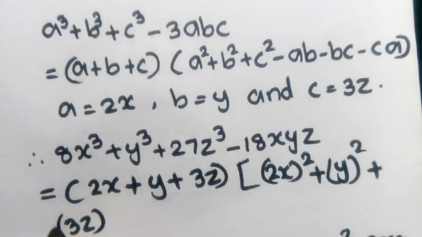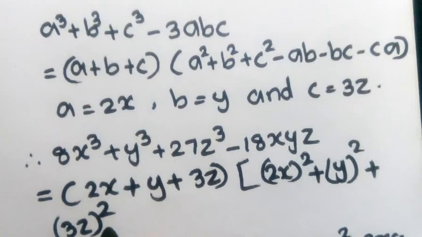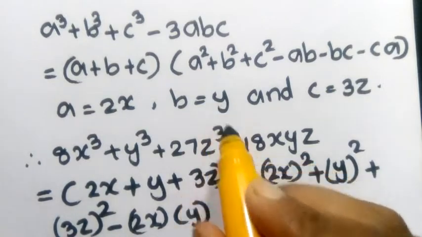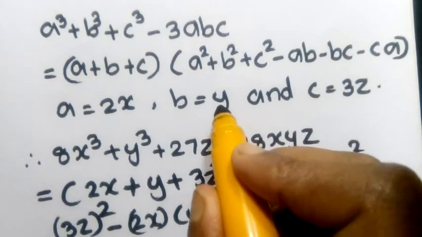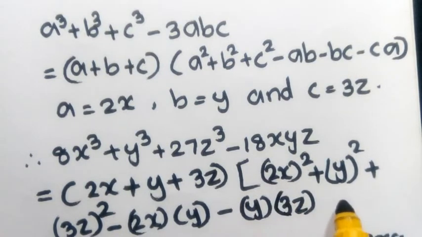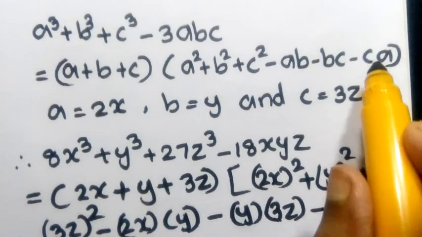3z whole square minus ab minus a into b minus bc, y into c is 3z, minus ca.